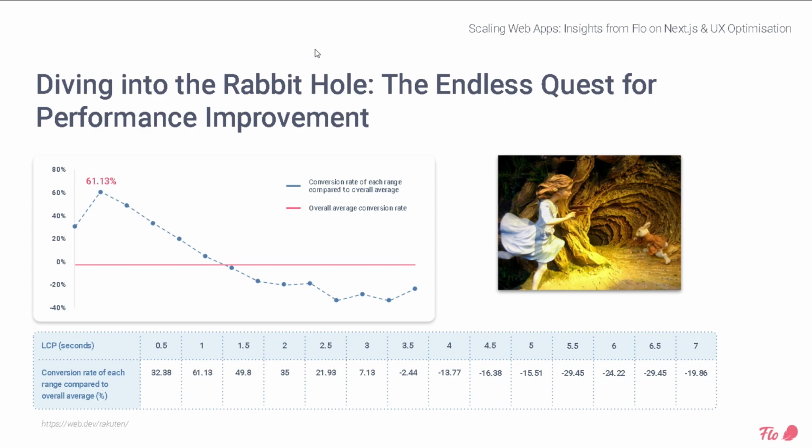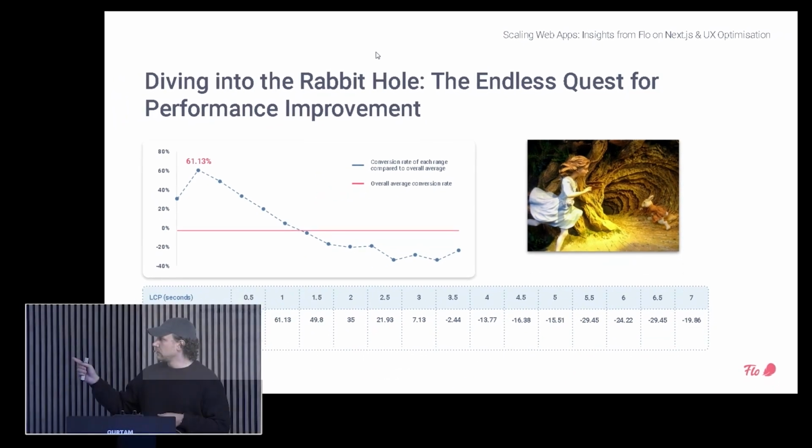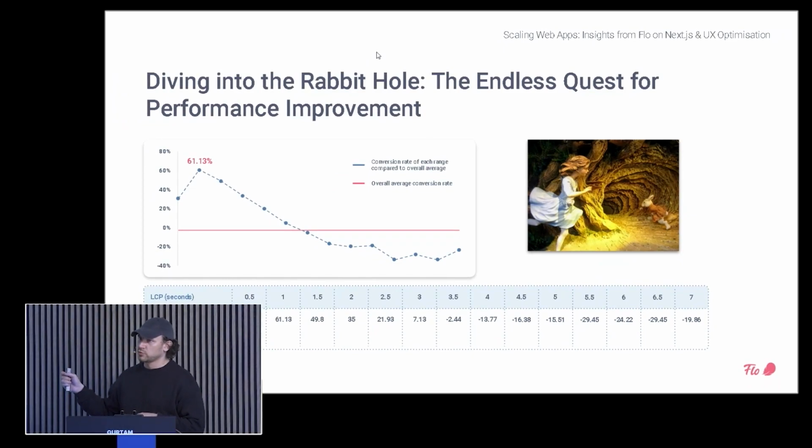If it stays on the same line, it means that you're in the right part of this graph and you have huge potential to improve your product metric by improving performance. If you have a line going down, it means that you have some capacity, but maybe you are good enough.